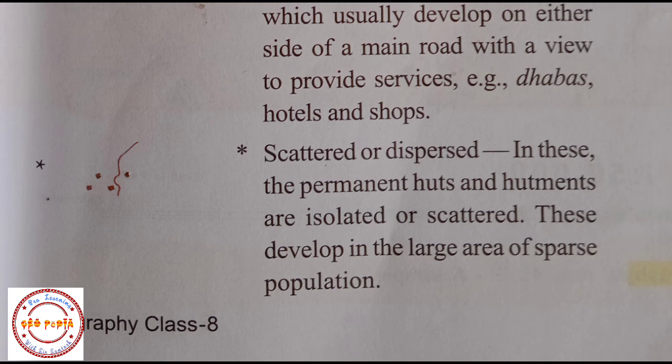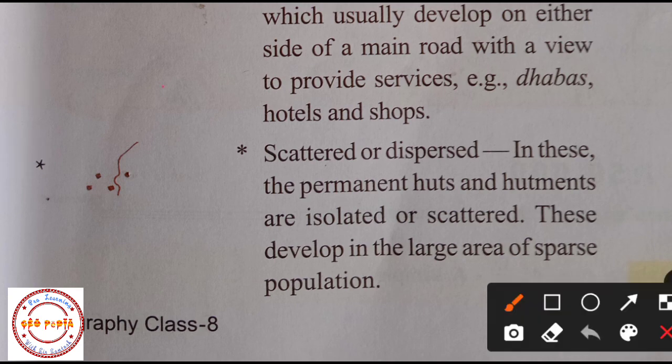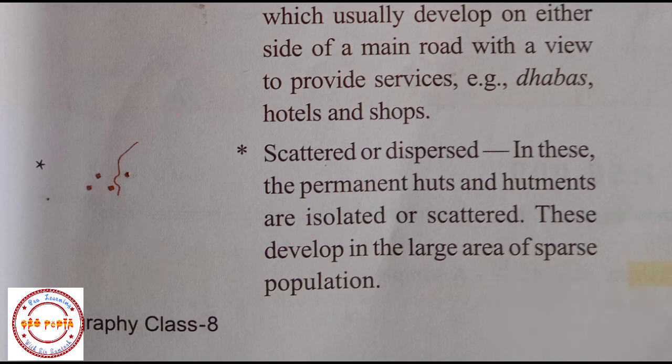This kind of settlement is scattered settlement, where people make their houses, huts and buildings very far from each other and have lots of space between them. Especially these types of settlements are found where the population is very less, and where the climatic condition is not that good, because of which people are in less number.